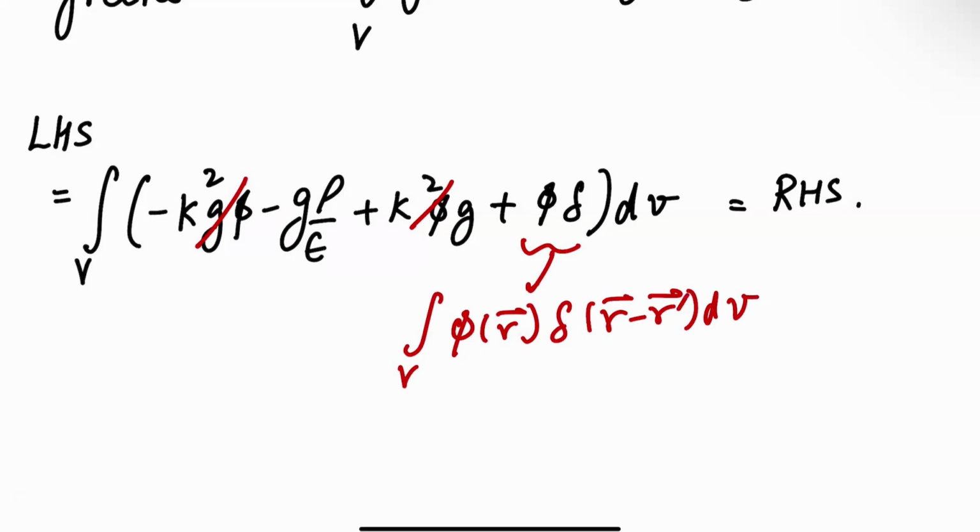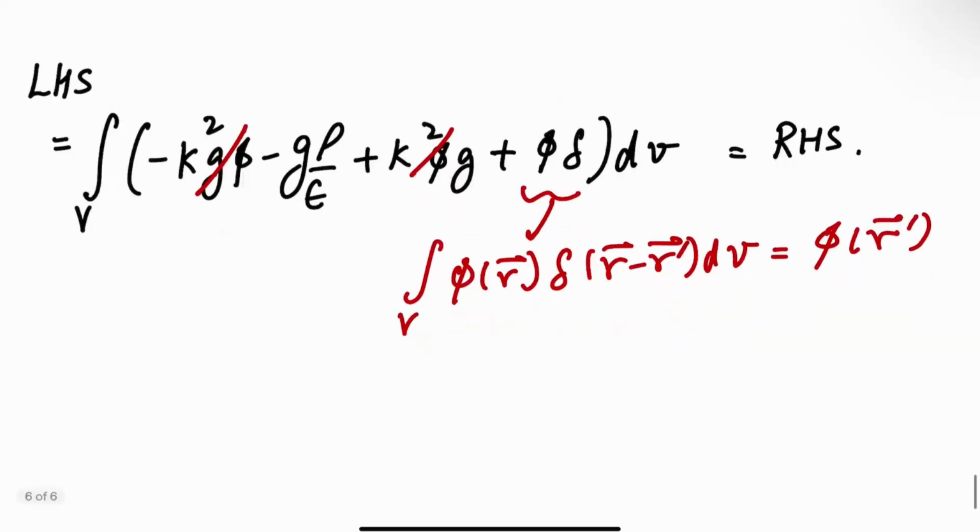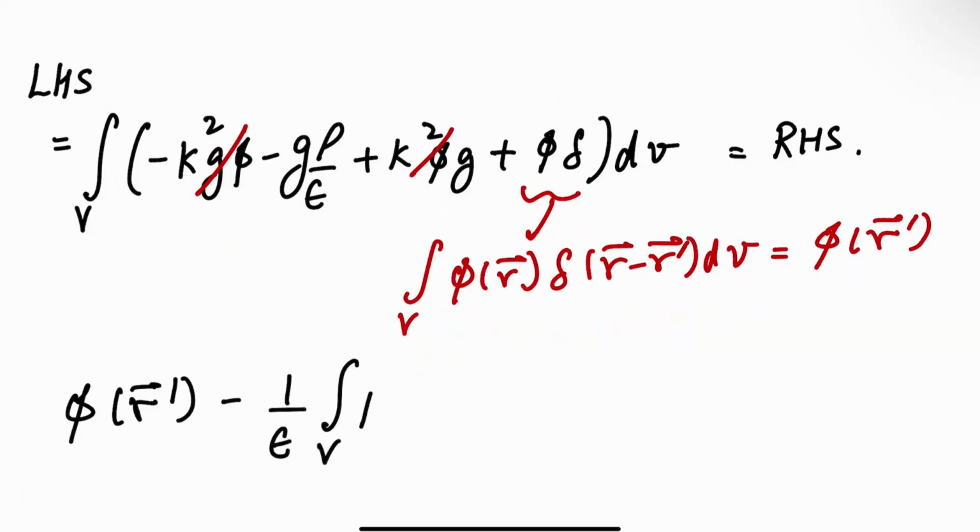Which means that this whole integral only fires when r equals r prime. So that term becomes nothing but phi of r prime, which comes out of the integral. So you end up with phi of r prime minus 1 over epsilon volume integral of rho of r, G of r comma r prime, dV, equal to the right hand side.